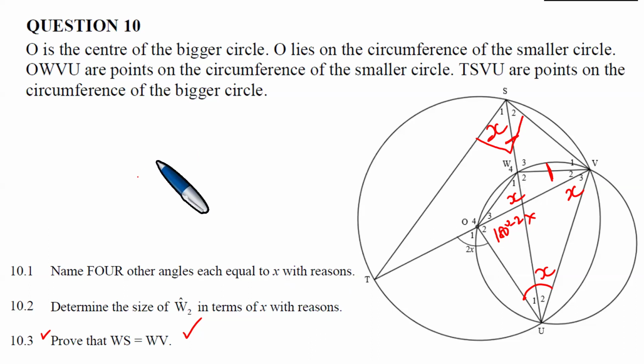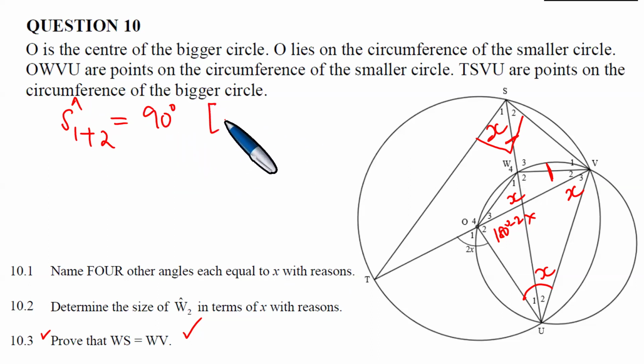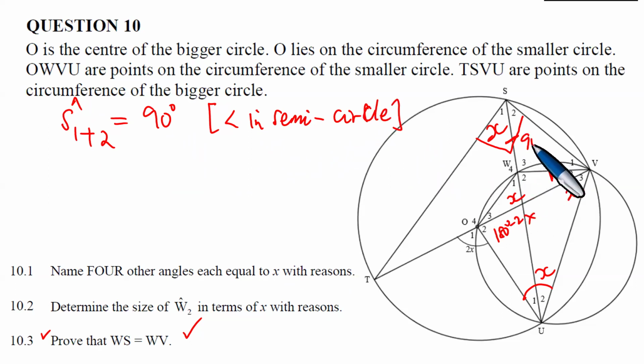In other words, the angle S1 plus 2 is 90 degrees. It is an angle in a semicircle. So this one is 90 degrees minus X.